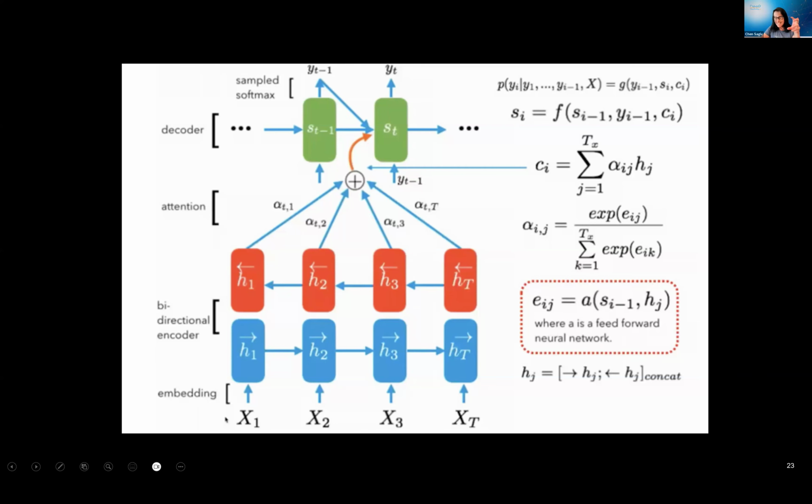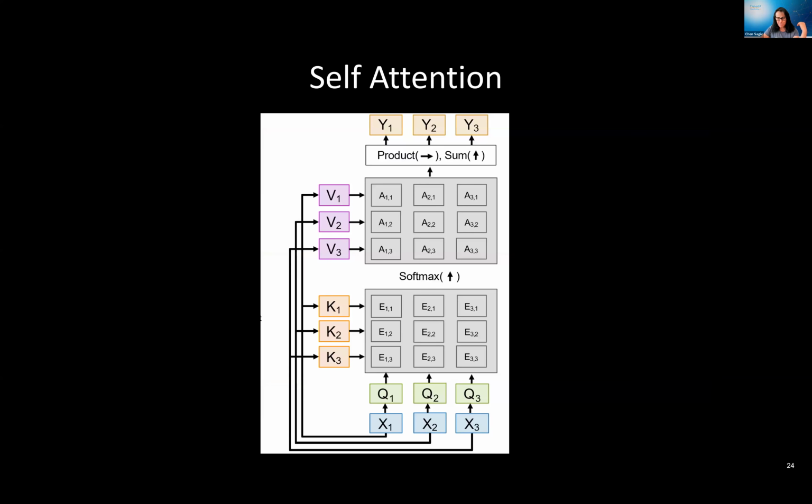So the attention mechanism, I would say that even in classical computer vision, in classical deep learning, plays a super important role, but definitely in modern AI, in the age of transformers.